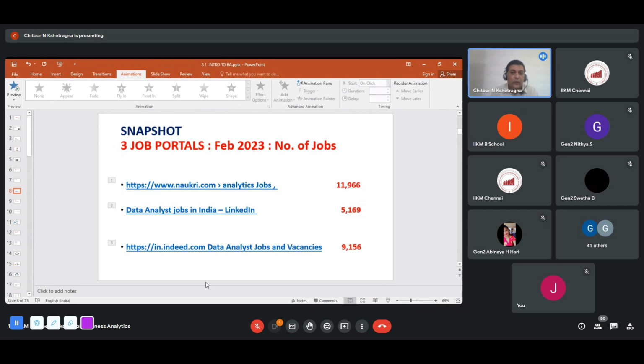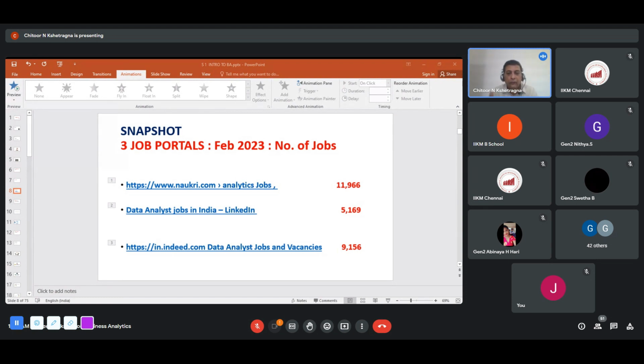So as of February 2023, Naukri has 11,966 jobs for analytics. I want you to go and search this. I'm going to give you a task a little later. And LinkedIn today, I'm not too sure how many of you are on LinkedIn. I want all of you to be part of LinkedIn. Facebook and Instagram are for socializing.